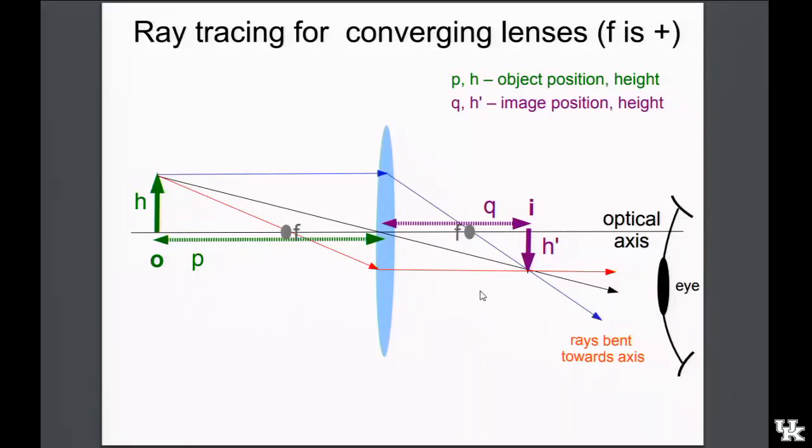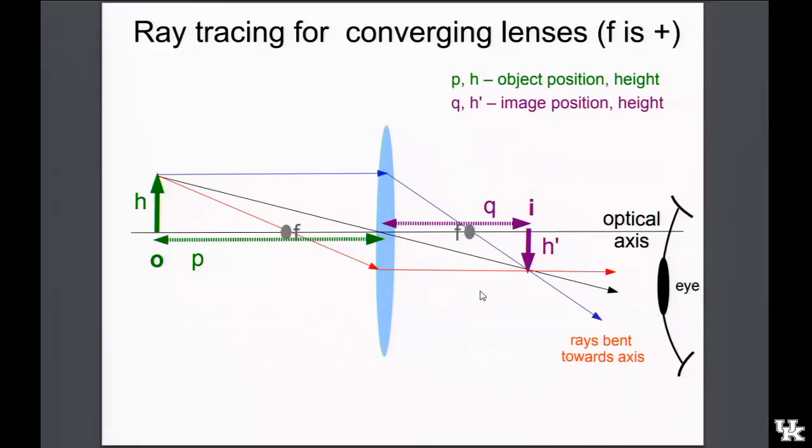So that's the situation, and now I want to trace a few rays. We've got that same pair of rays that we used for the mirror, where you go in parallel to the optical axis, or you come out parallel to the optical axis. And then on the other part of the path, you go in through the focal length, or you come out through the focal length.